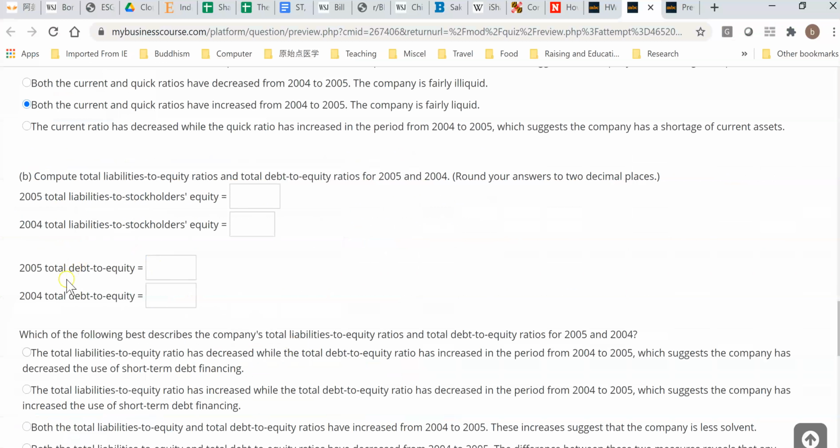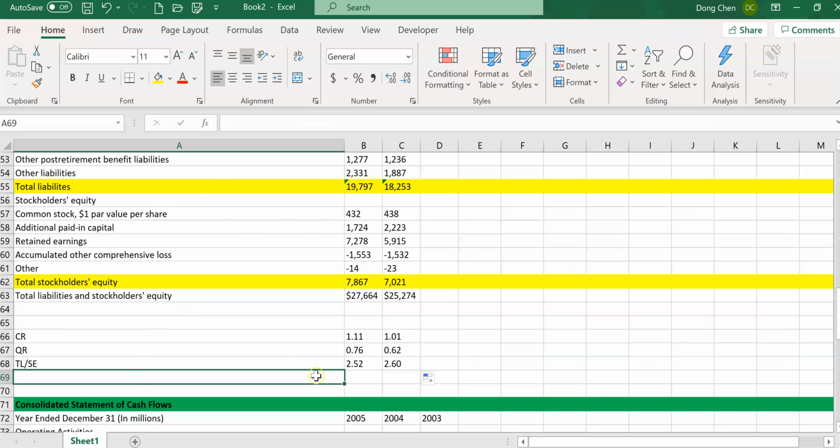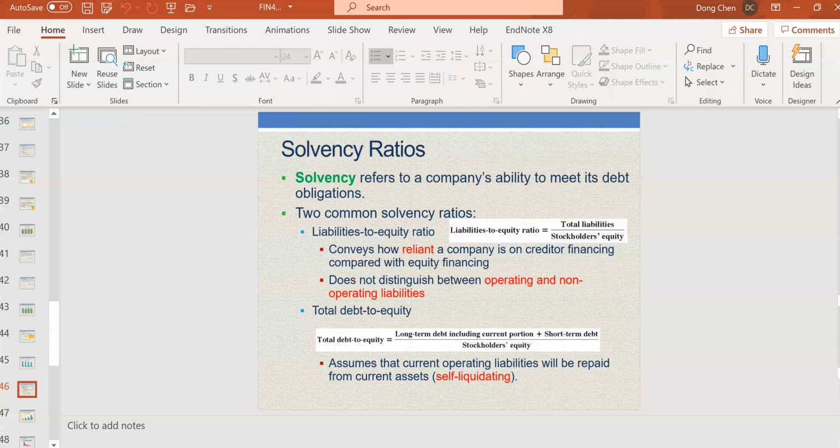The other part of this question is the 2005 total debt to equity ratio. So debt to equity ratio, let's go back to my lecture slides, which is long-term debt, including current portion, plus short-term debt, divided by total stockholders' equity.